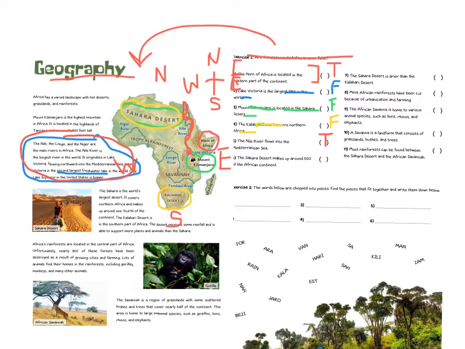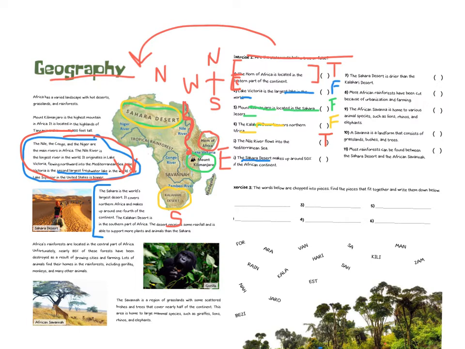Okay. Number 6. The Sahara Desert makes up about 50% of the African continent. So the key word in number 6 is the Sahara Desert. Let's go back here where it says the Sahara Desert. And I'm reading, the Sahara Desert is the world's largest desert.